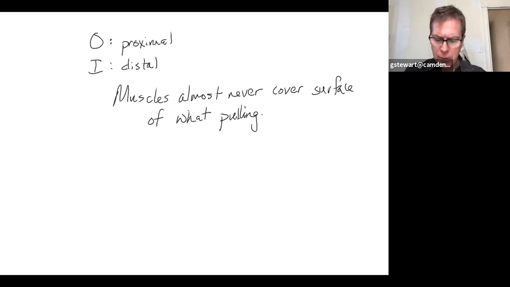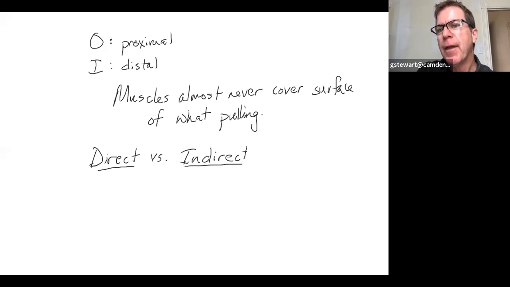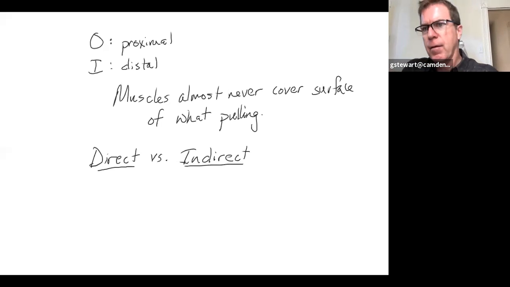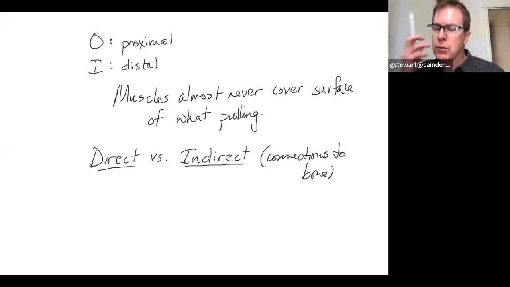And finally, I did want to go over, because there was a question last week, direct versus indirect muscle attachment. This can be a complicated topic, and it's been misused. So direct versus indirect connections to bone. The true scientific definition is unfortunately not what is being used.